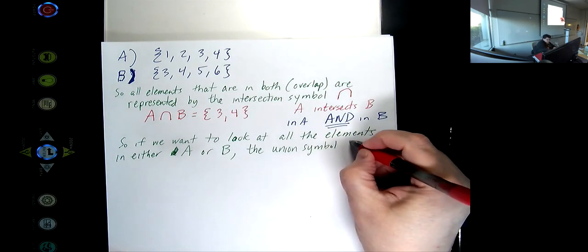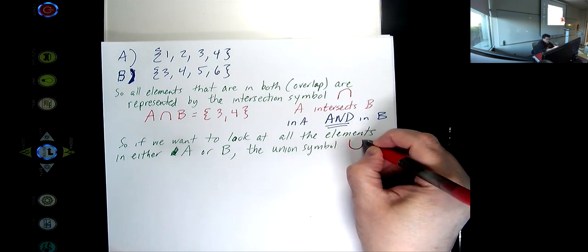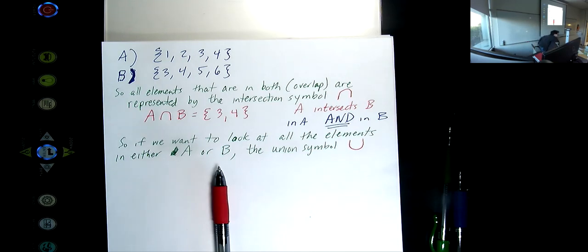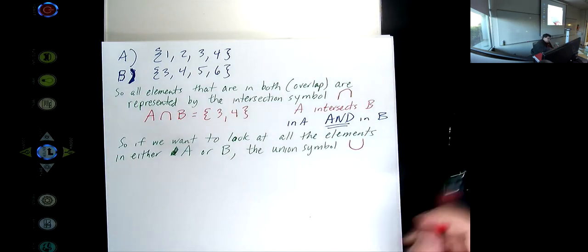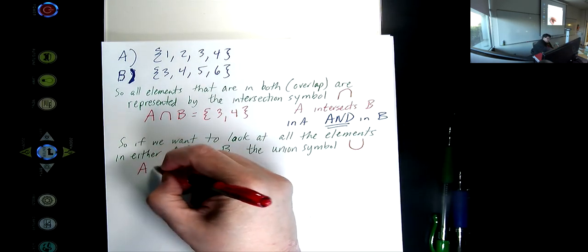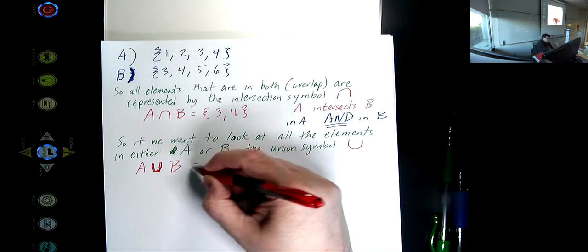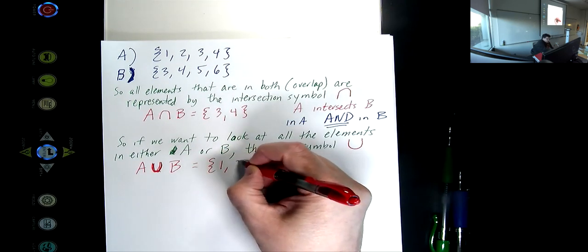It's a capital U, but it's helpful to make it wider than a regular U, so that you go, nope, that's not a U. So in our example, A union B is all the numbers that are in either of them.